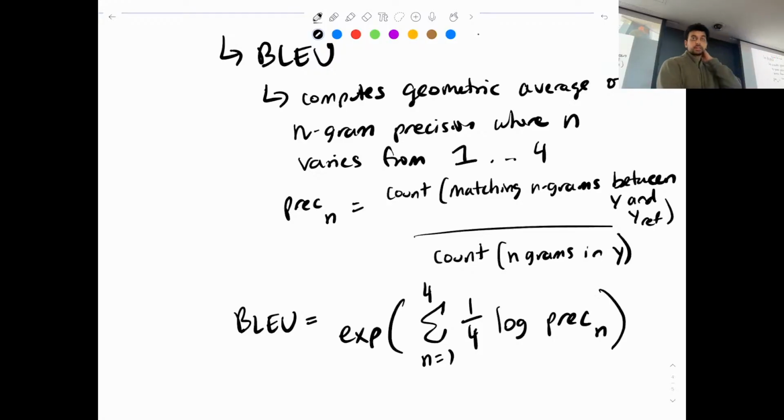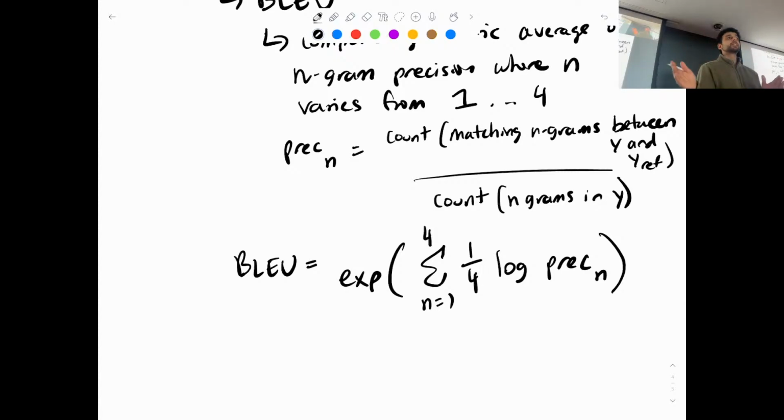Here, this 1/4 indicates that I'm weighting the precision of each value of n: unigram precision, bigram precision, trigram precision, and 4-gram precision. I'm weighting them all equally, like 25%, 25%, and so on. Now, this is just the geometric average of this n-gram precision.